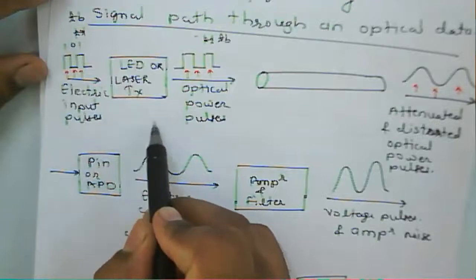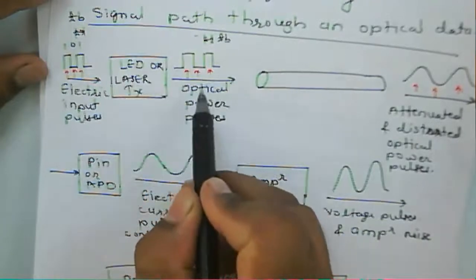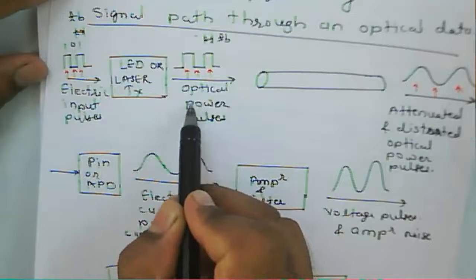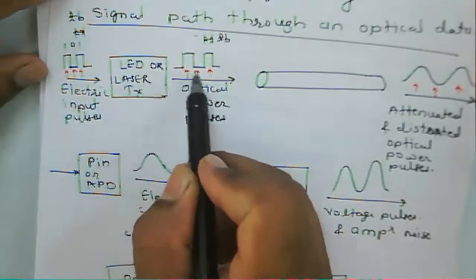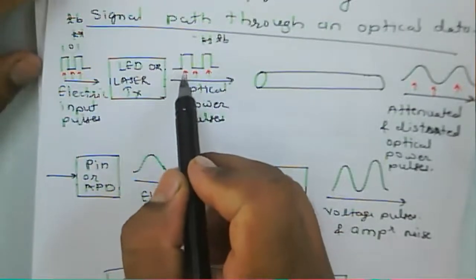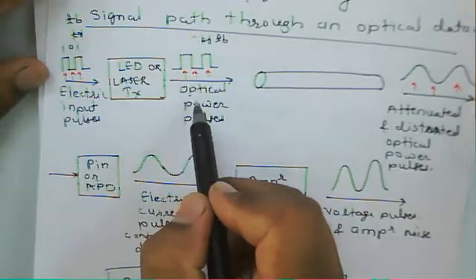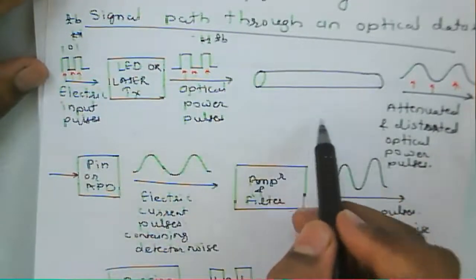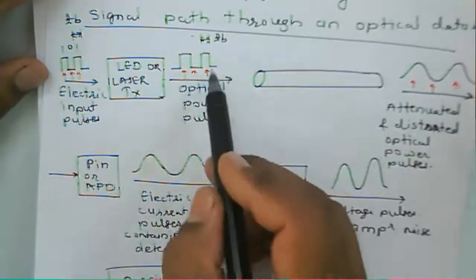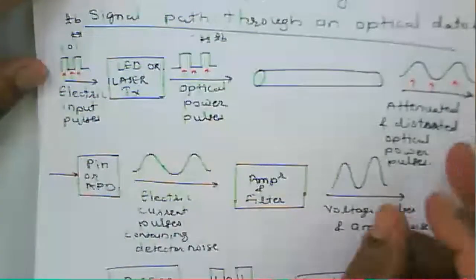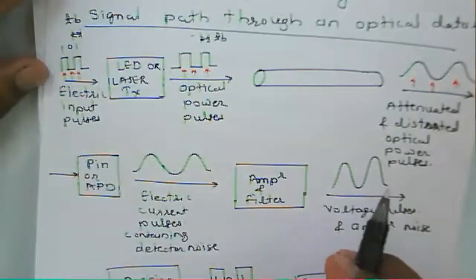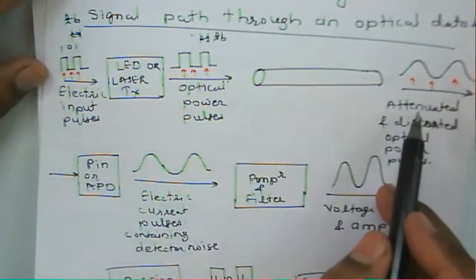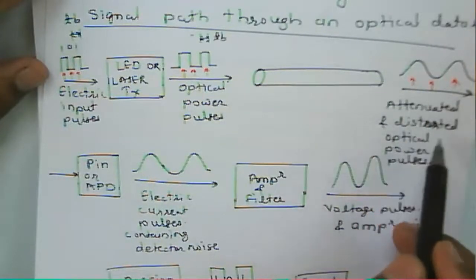So now that is nothing but light, and that is optical power. So we'll get a pulse, output in the form of a photon of energy, and then that will be propagating through the fiber, and that photon of energy will be attenuated or distorted, and that is nothing but what we call dispersion here.